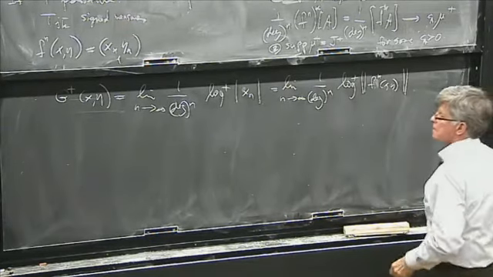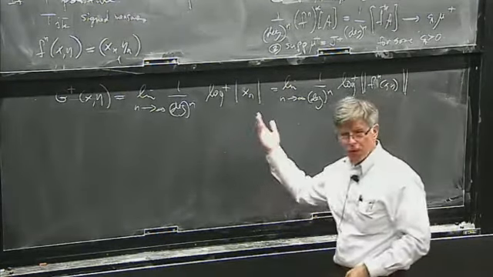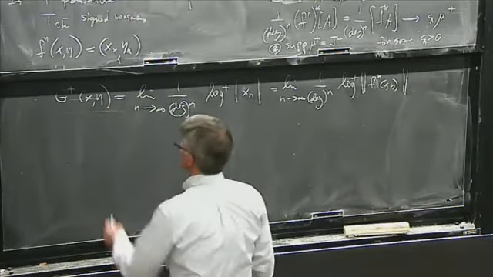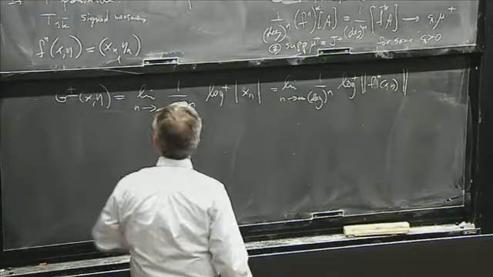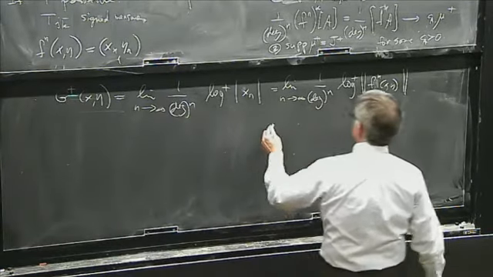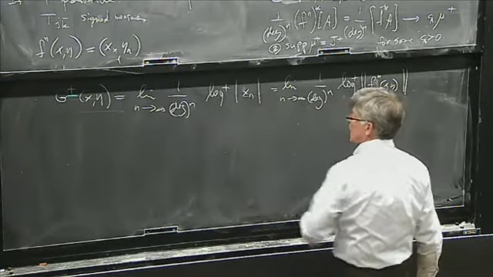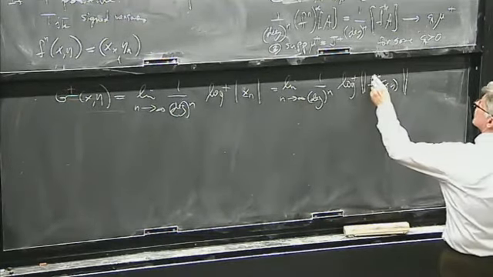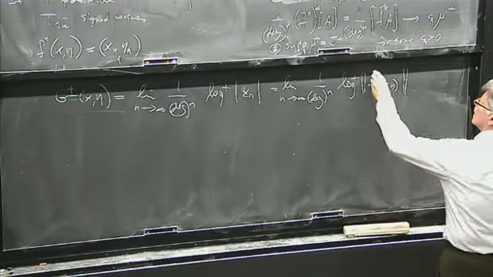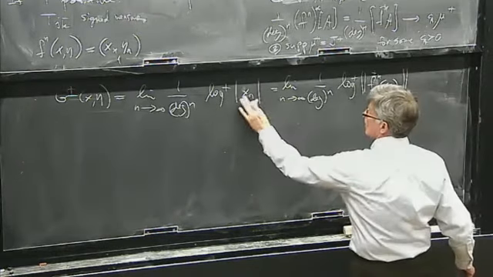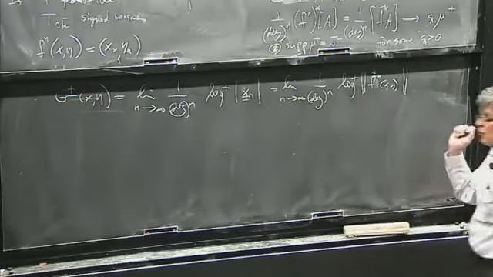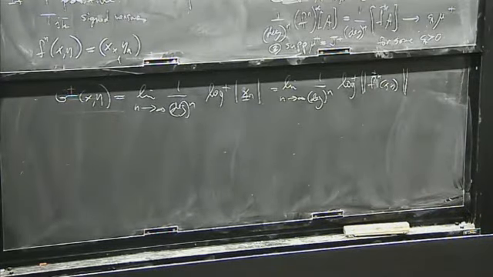So I have a g plus here, and I could also make a g minus, where I would have the backward orbit. So I'd also have a rate of escape function in backward time.